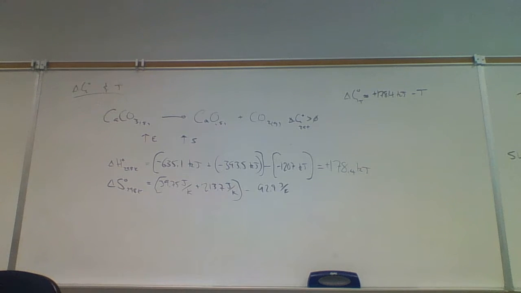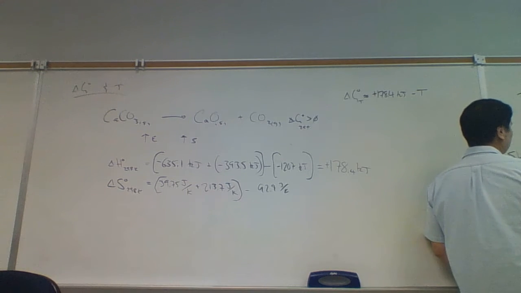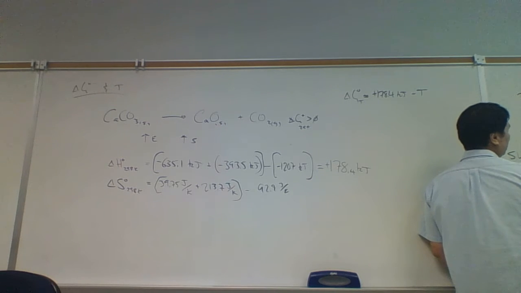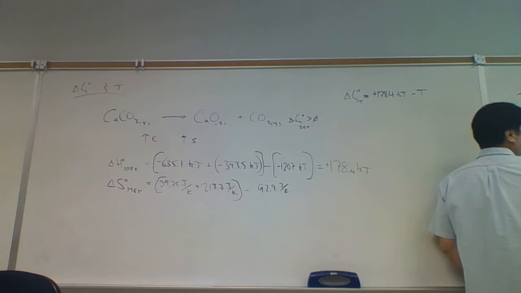But we would say that gases are 200, liquids 100. So Chabau's rule would just say delta S of vaporization is about 100. 200 minus 100 is about 100 joules per Kelvin mole, or mole Kelvin, doesn't matter.